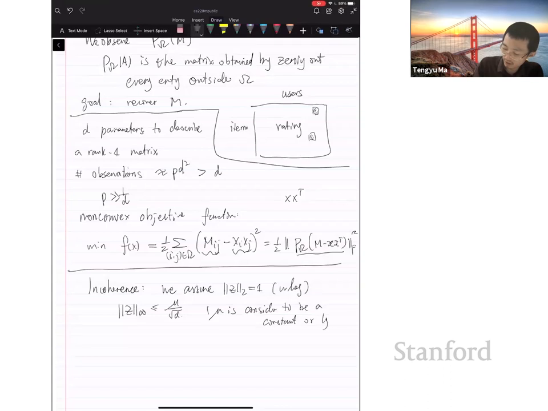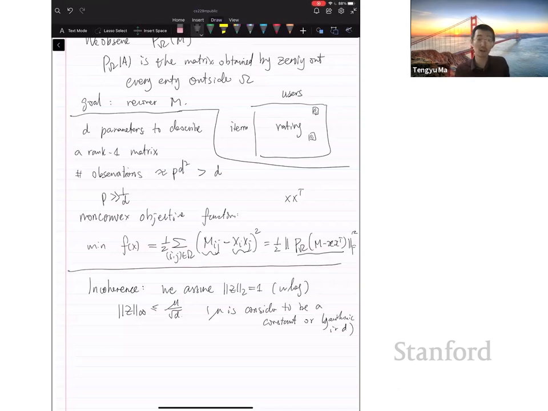Or logarithmic in D. So what it's saying is that for this vector z, the norm is 1, and also the entries are spread out. You cannot just have all the mass concentrated on one entry.